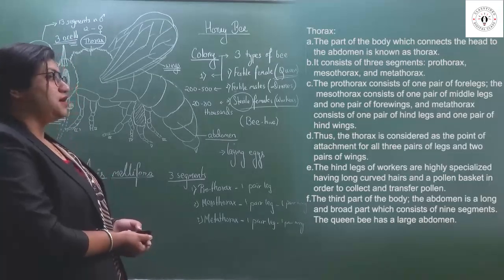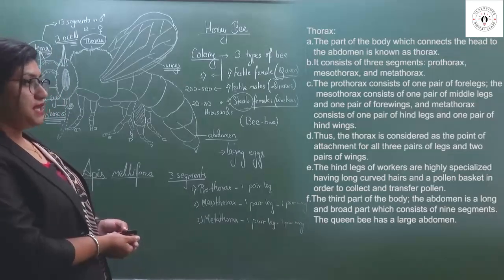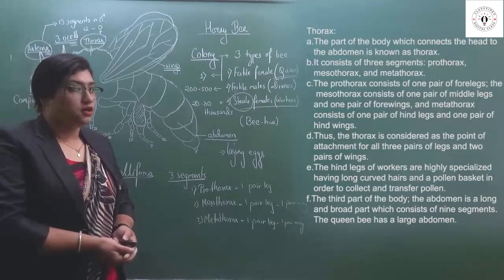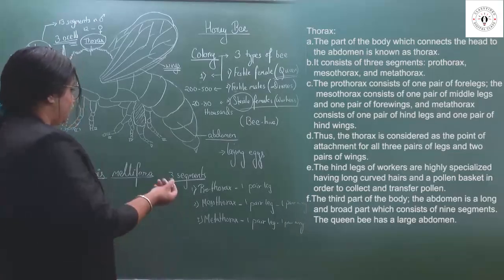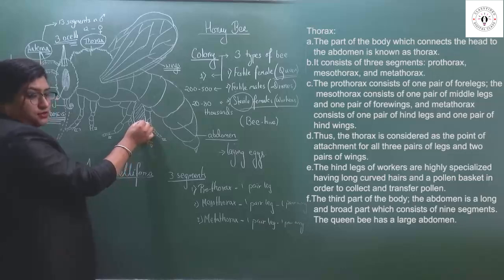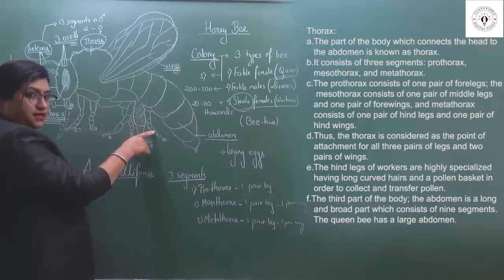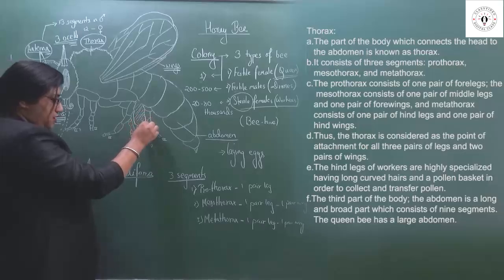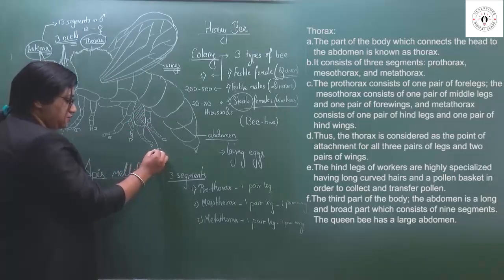Here, the hind leg of the worker bee is again highly specialized, and it has long curved hairs and a pollen basket. So I'm going to show you here. Have a look at this. This is the hind leg. Other than this appendage, it is quite a larger one, and that is known as the pollen basket.